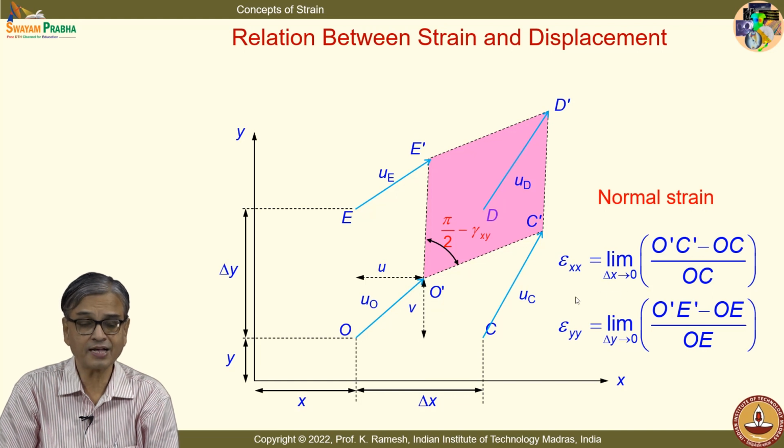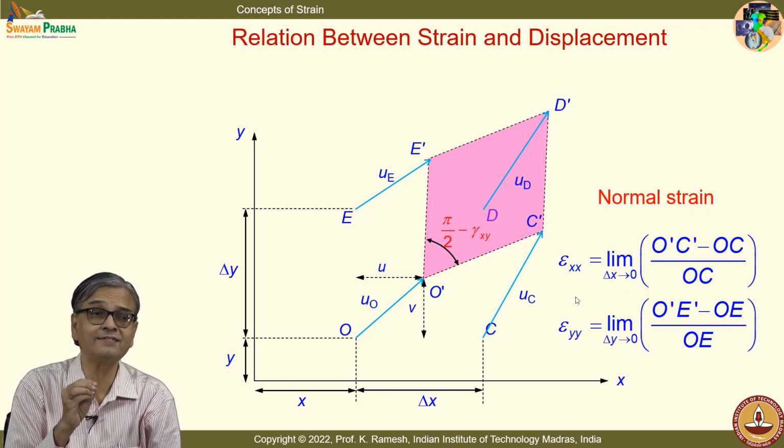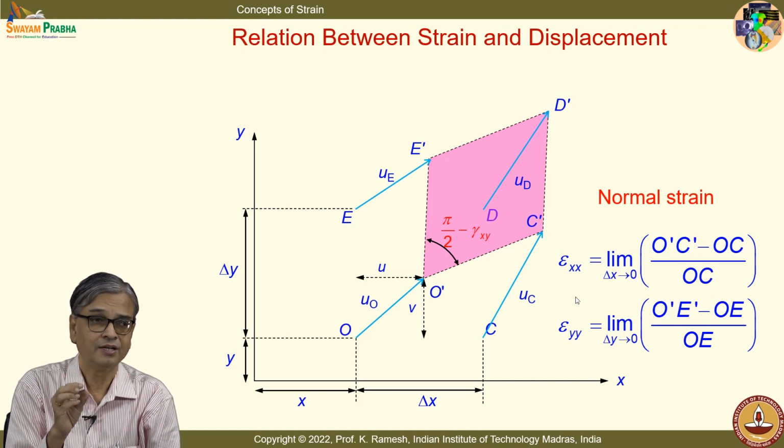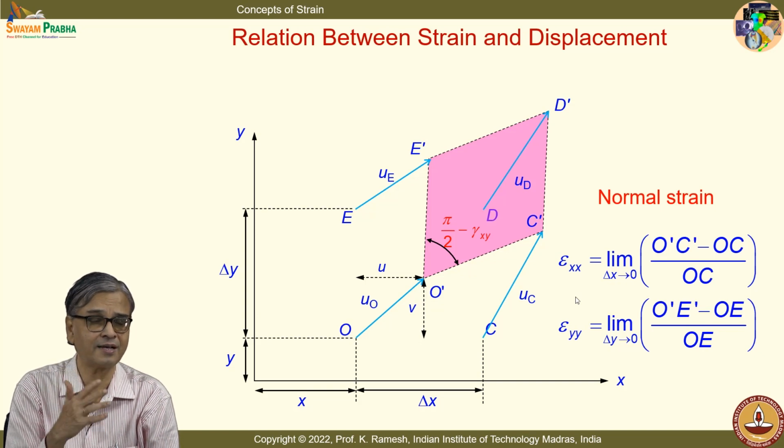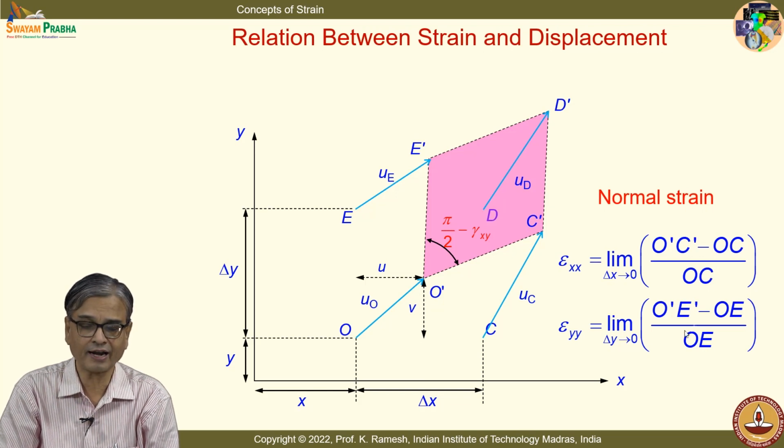This helps us understand the state of strain at a point. When the limit goes to 0, we also exploit the continuum nature of the material. That is the assumption we have made, an elastic continuum. Otherwise, I cannot write this limiting process.